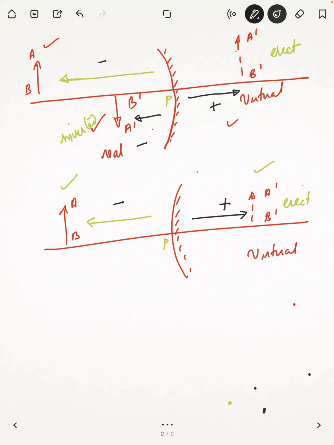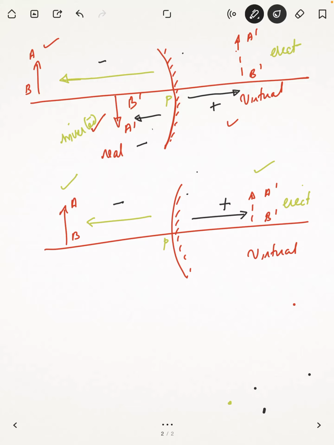So as per the sign convention, I am just explaining object distance and image distance. You are well aware of real image and virtual image. So I repeat. Here you see the object is always on the left side, whether it is a concave mirror or a convex mirror.